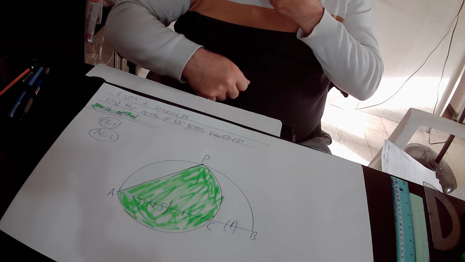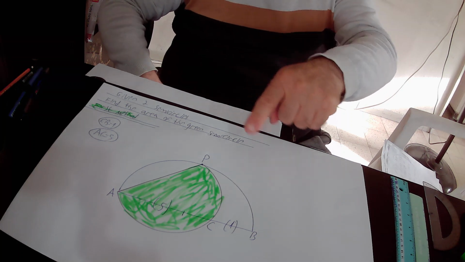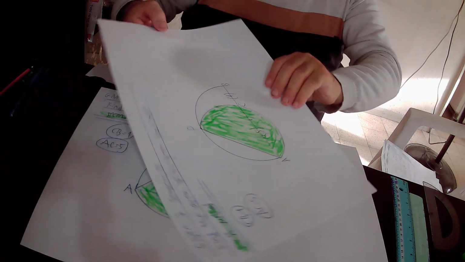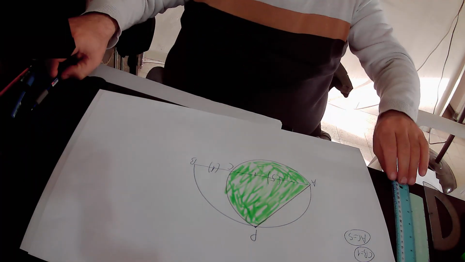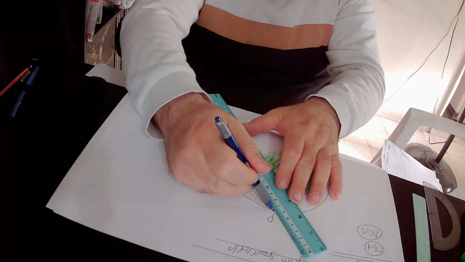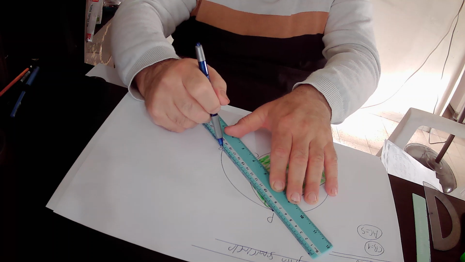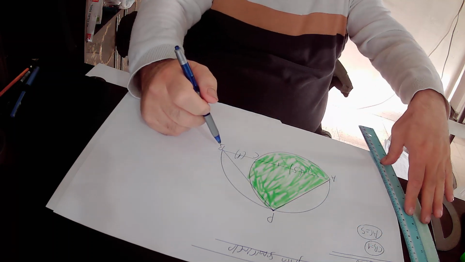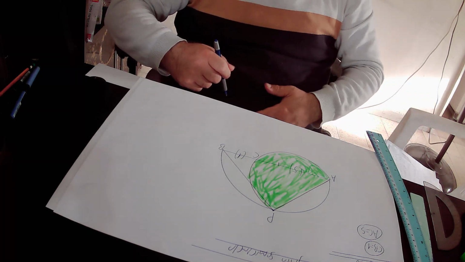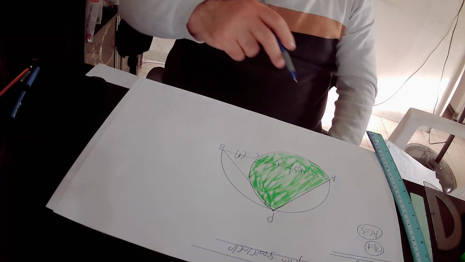Okay, so we start with the first method, and we'll join points P and B together by a straight line. And I will copy the white semicircle in a new page, and we will implement rule 7 in the white semicircle.